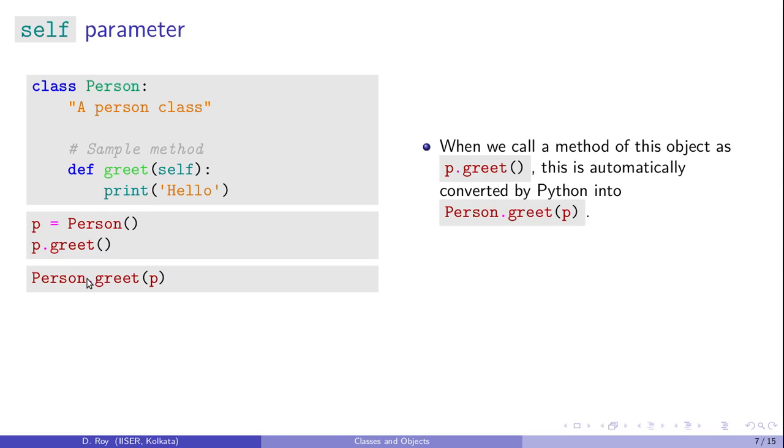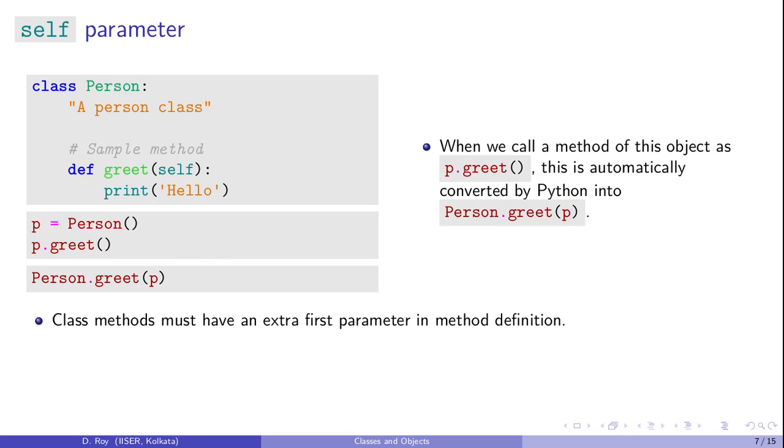Here I am using the same object that has been created while we define the class person, and we are passing the implicitly instantiated object, this object called p, small p, to this function greet as the parameter self.